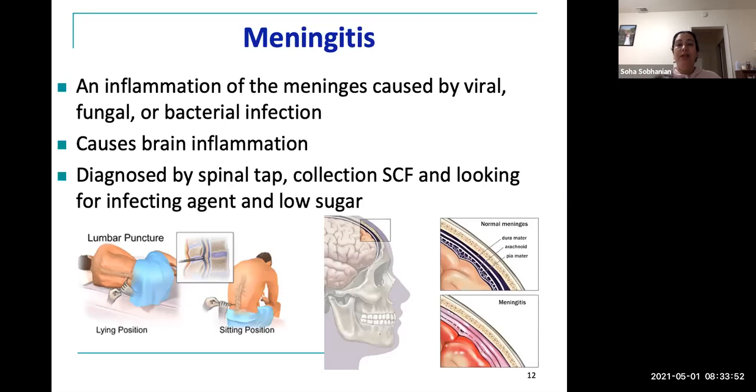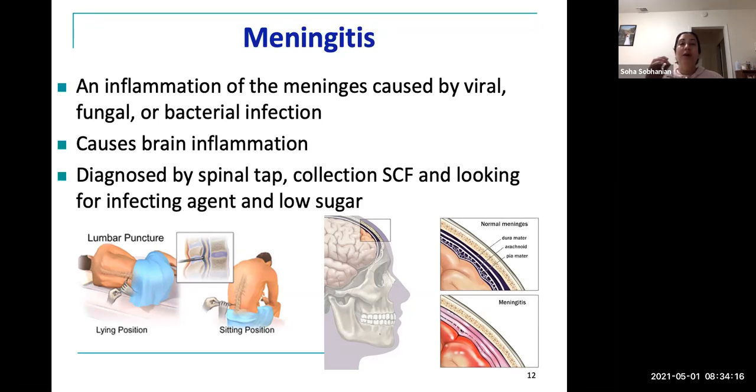As I mentioned, meningitis, the medical condition. One of the things that scares me about meningitis in general is the fact that it can be caused by either a viral infection, a bacterial infection, or a fungal infection. So you really don't get to say, oh, it's a cold, it's a bacterial infection.